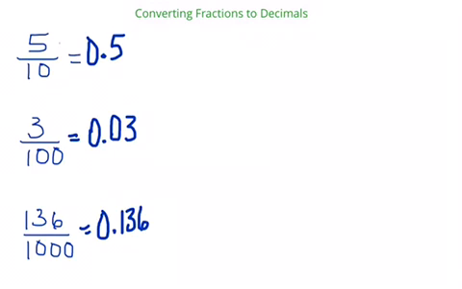So 5/10, there is 1 zero in 10, therefore there is only one digit after the decimal.